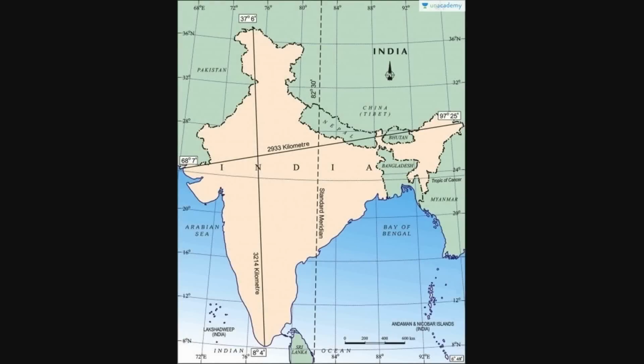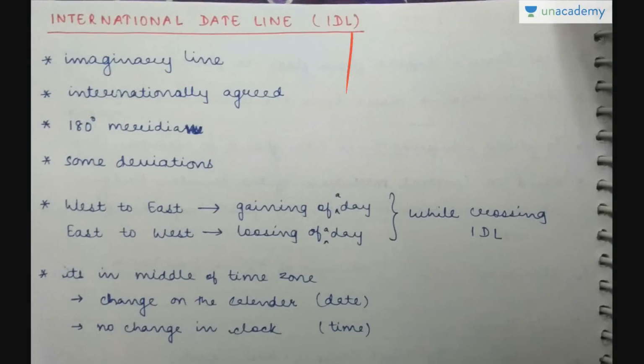This is the extent I was talking about, 68 degree 7 minute east to 97 degree 25 minute east, and this is the central meridian of India, which is 82 degree 30 minute east.